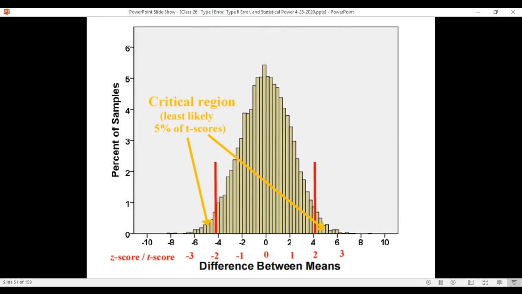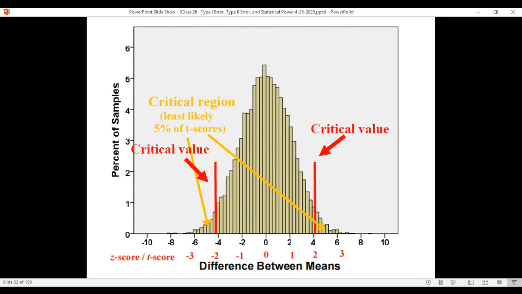Now this is as good as any time to mention the two red lines that are the boundary between the critical region and the rest of the sampling distribution. These lines mark the critical values. The critical values are the values of the t-scores at the edge of the critical regions.